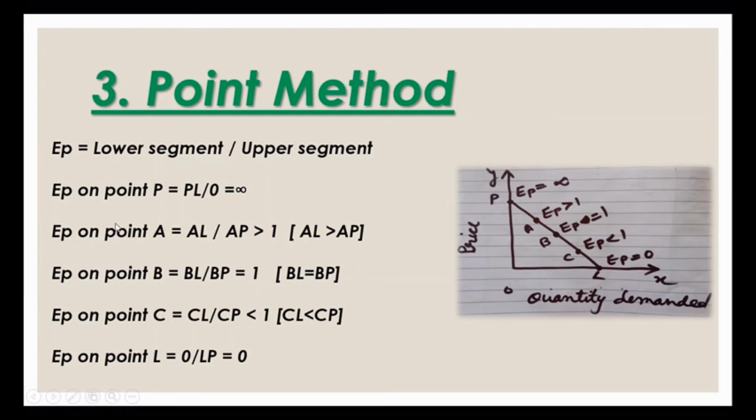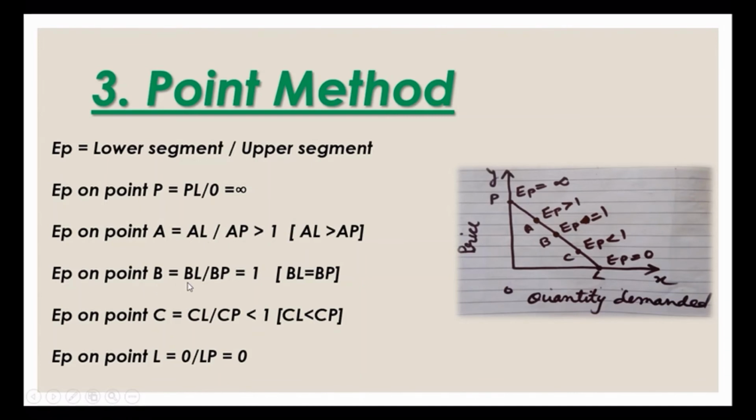On point P, the degree of price elasticity is equal to infinity, because here the lower segment is PL upon zero, the upper segment being absent. EP on point A is equal to AL upon AP, and because AL is greater than AP, the degree of price elasticity is greater than 1. It means it is more elastic.